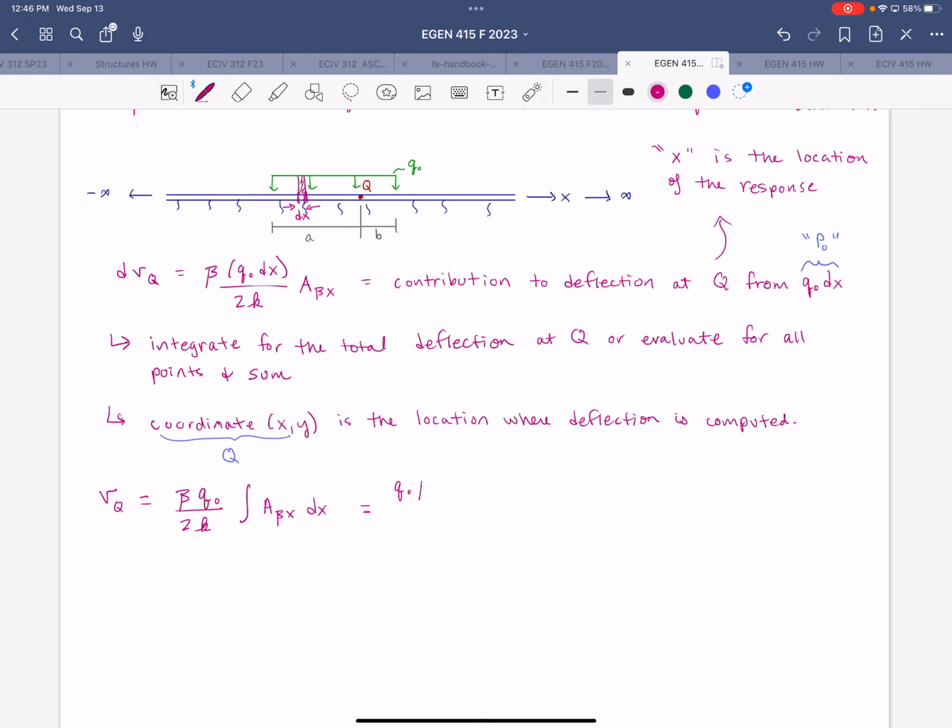So q naught times beta over 2k times the integral from 0 to lowercase a of capital A beta x dx plus the integral from 0 to b, and that's lowercase b, of capital A beta x dx.